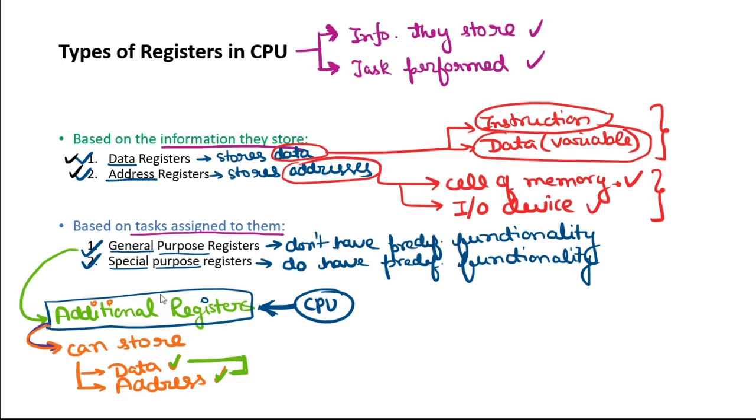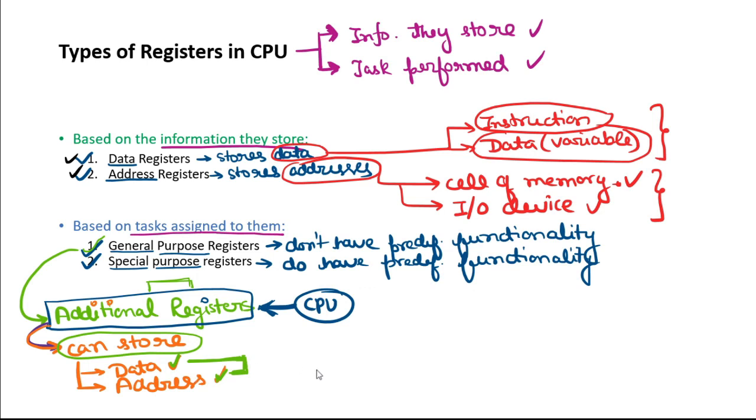These additional registers would have to be split into two, one for data, one for address. Now any register can be used for any purpose to store anything, right? So general purpose registers can be used to store data as well as address. Okay, this is their functionality.